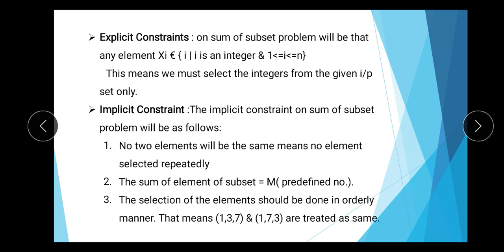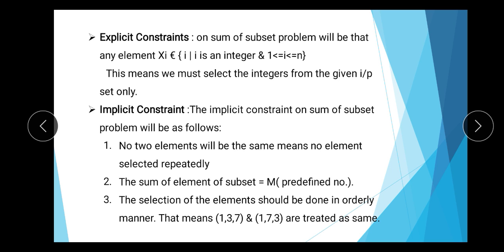This means we select the integers from the given input set only, and they should be arranged in increasing order. This is called the explicit constraint. It says that we select each and every element from the given input set only. We cannot select any other element to form our subset, and each element should be in increasing order.